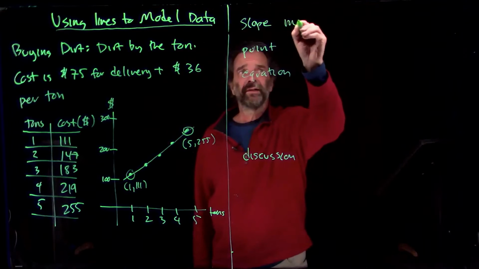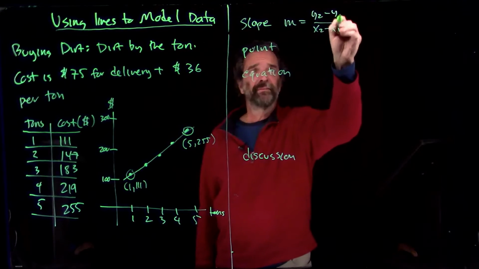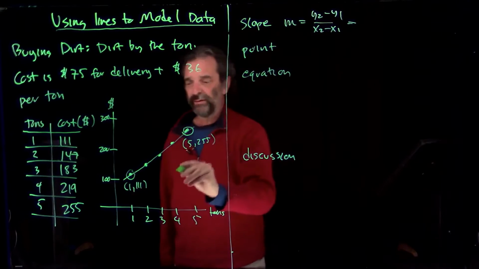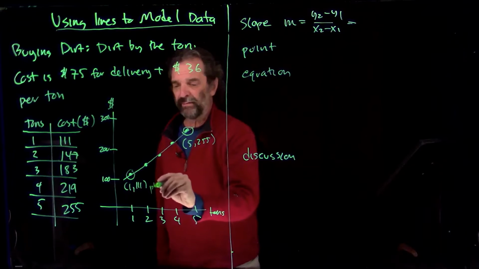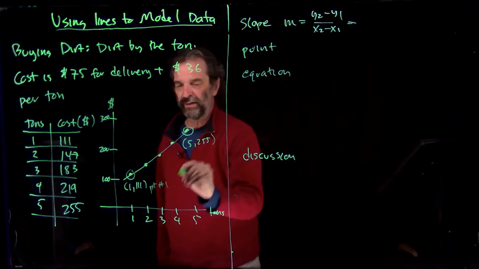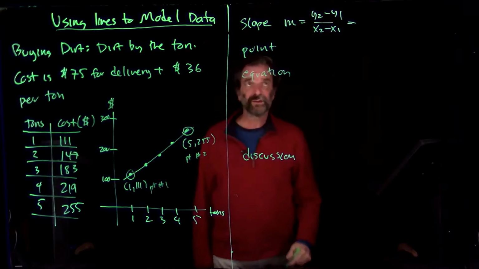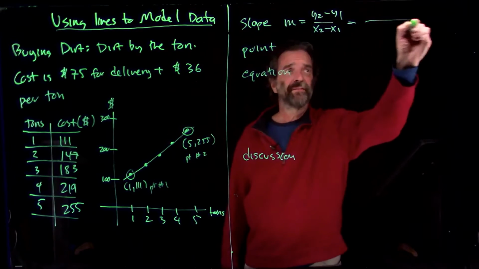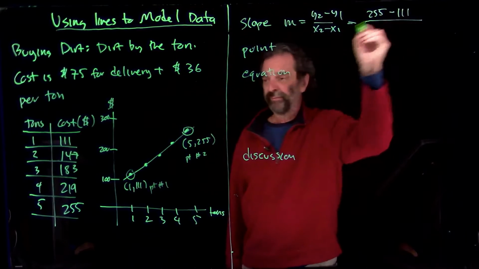So m is y2 minus y1 over x2 minus x1. So this is point 1, say, and this is point number 2. Okay. So y2 is 255 minus y1 is 111.